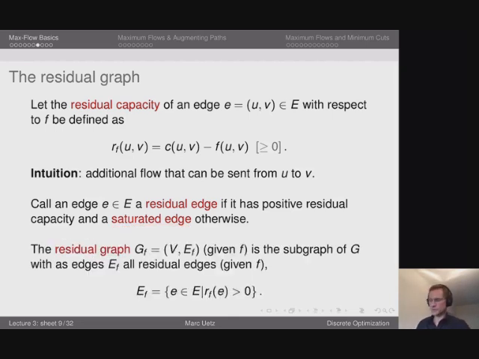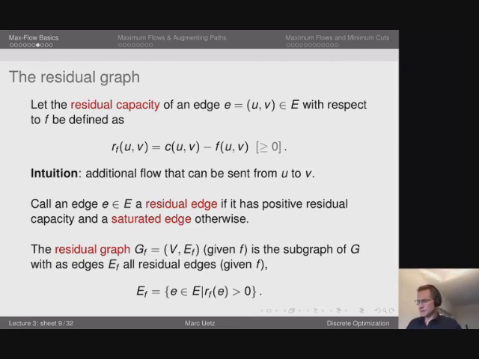And now the definition of the residual graph, given some initial flow F, is just a subgraph of the original graph, which has as its edges only the edges with strictly positive residual capacity. Okay, so that's an object of interest because that kind of represents all the potential edges that I might still be using in order to increase the flow value, for example.